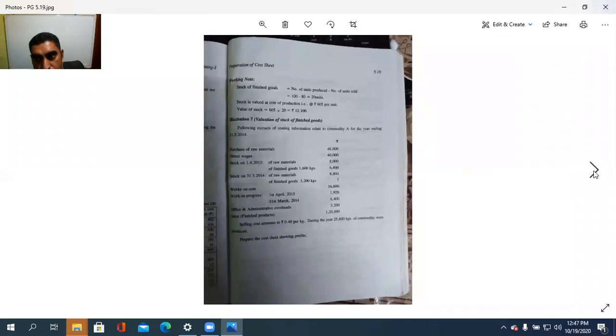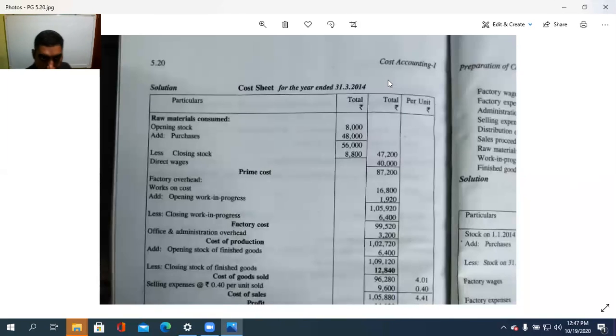So how is it to be calculated? Cost sheet. Cost of materials consumed: opening RM, how much is there? Opening stock 8,000 and purchase 48,000.